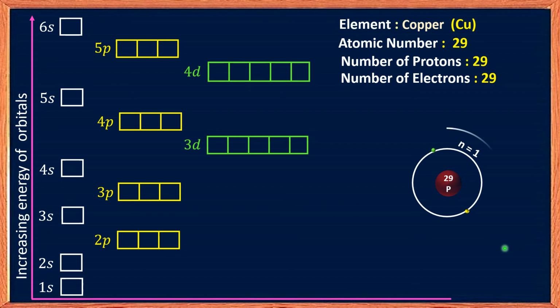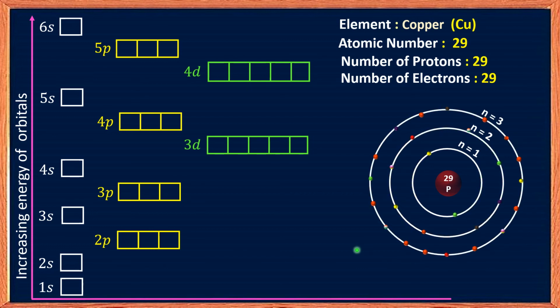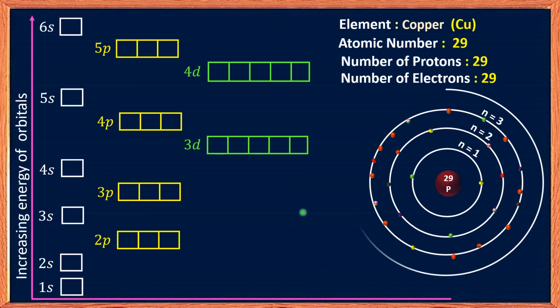The first orbit contains 2 electrons, in the second orbit 8 electrons are revolving, in the third orbit 17 electrons are revolving, and in the fourth orbit there are 2 electrons. Okay, so let us fill all these electrons into various orbitals.